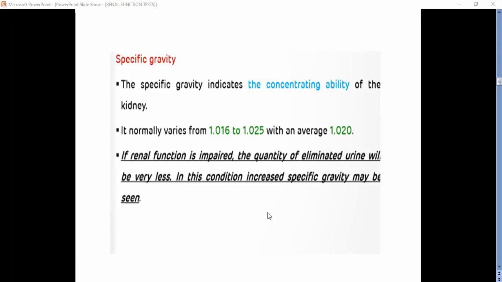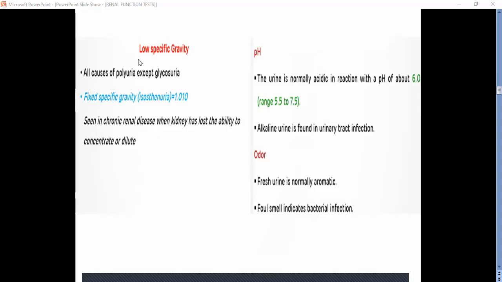If renal function is impaired, there is less urine, and that's why specific gravity is increased. And if the specific gravity is low, it means more urine is coming out of the kidney, as in cases of polyuria and glycosuria.